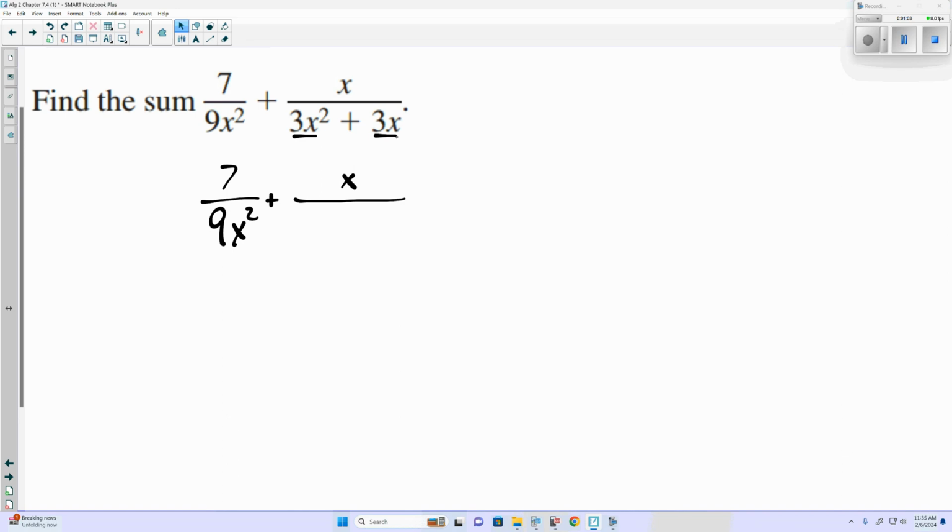Now if we look at our other denominator, 3x squared plus 3x, we can't factor it with two sets of parentheses, but both of these terms have a greatest common factor of 3x. And we can factor the 3x out of 3x squared and 3x. If we factor it out of 3x squared, we're left with x. Plus, when we factor 3x out of 3x, we have 1. And that's as simplified as it gets.